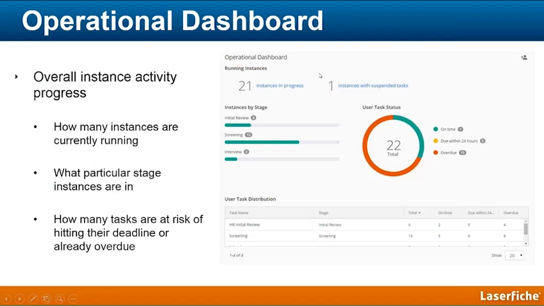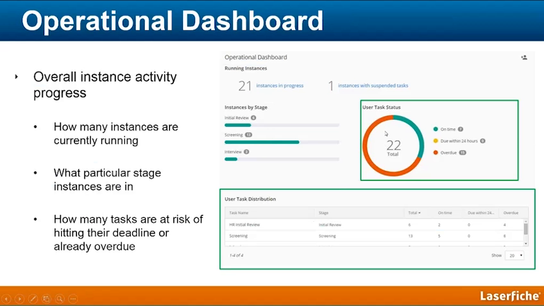To provide a quick overview on this dashboard here, this is really a great way to gain quick perspective on your overall activity status progress. You can see the current status of your process, such as how many instances are currently running, where they are at a particular stage. You can see that it's the same processes, the same stages we set up in our process modeler earlier.